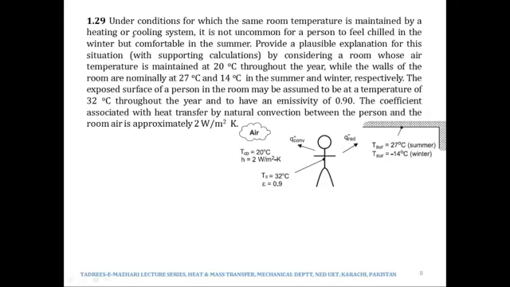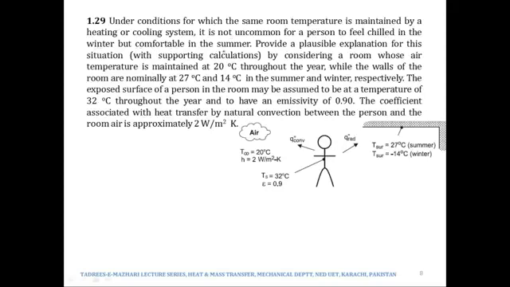if it is winter time, we would be heating the room so as to maintain the room temperature, and if it is summer time, then we would be cooling the system to maintain the room temperature. So if we are maintaining the room temperature, it is not uncommon for a person to feel chilled in winter but comfortable in summer.